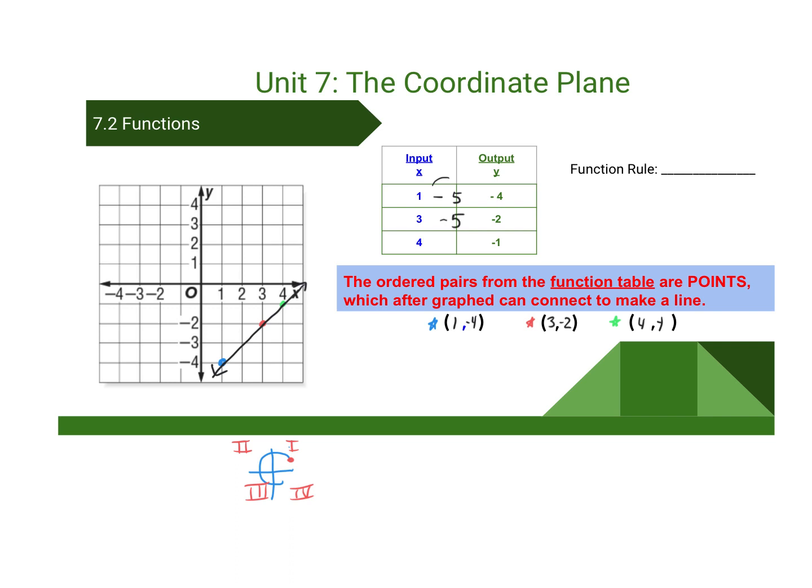Oh, yep, that's also negative 2. So let's try it again. 4 minus 5. So now my rule, I'm starting with y equals, since that's my output, I'm taking my x and I'm subtracting 5. Here's my function rule that I used to come up with my ordered pairs.